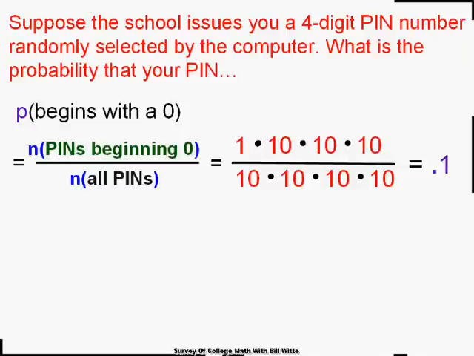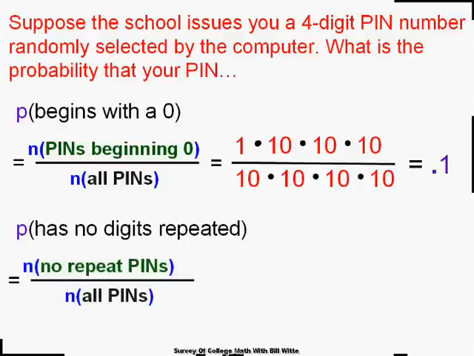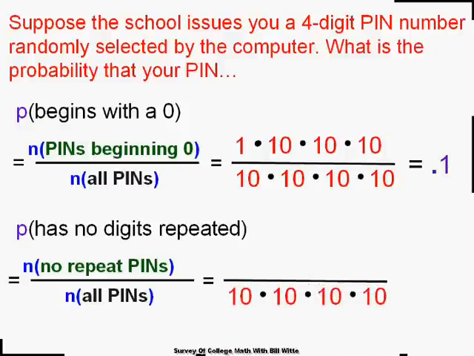Let's look at it again and think of the probability that no digits are repeated. I wonder what that would be. Well, it's going to be the number of ways we can not repeat the digits over the total sample space. The sample space was easy. We'll use the same one from the last problem, 10 times 10 times 10 times 10, using the multiplication principle. Now, let's calculate how many non-repeat digit PINs we have here.